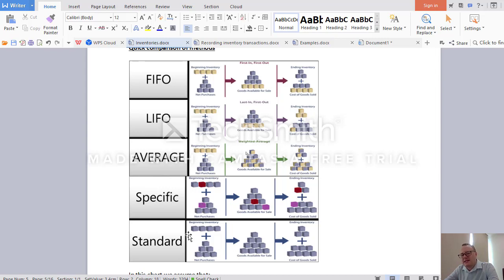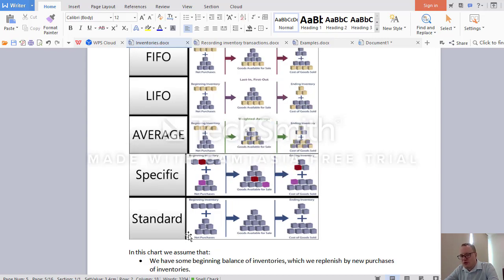And the standard method is essentially no method at all. So you purchased how many here? You purchased 6 boxes. You had 4 boxes in the beginning inventory, put them together, and then find the total price.